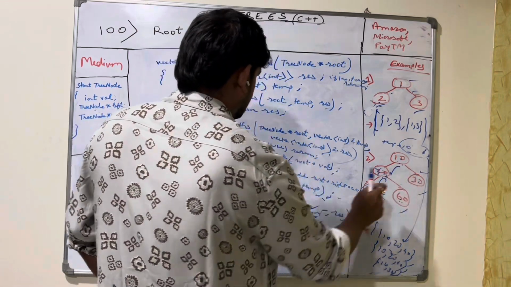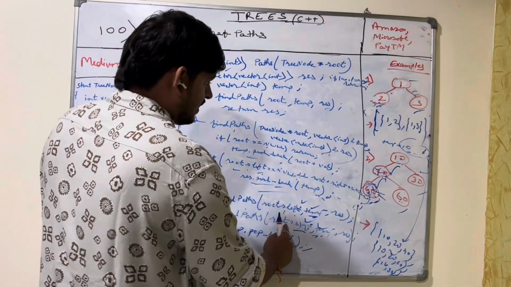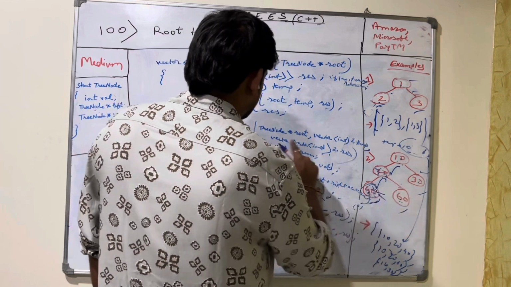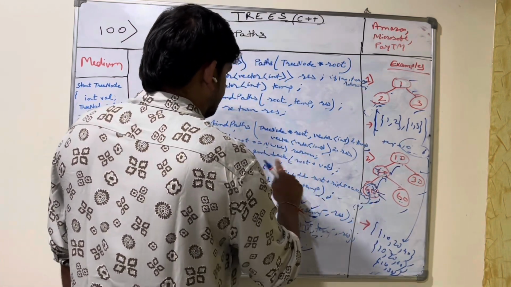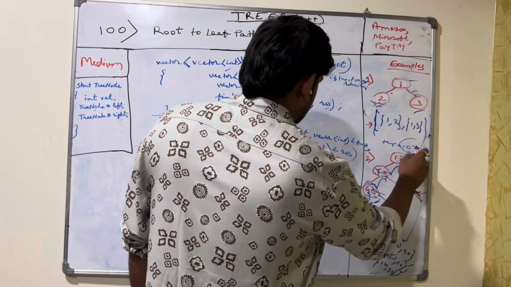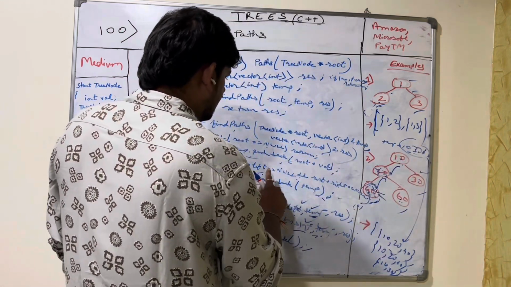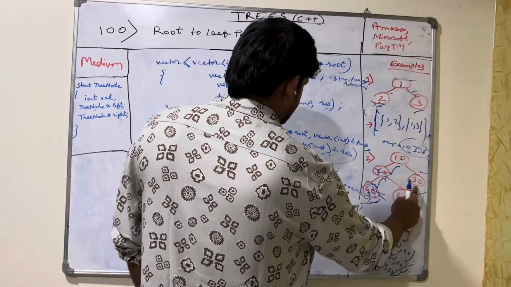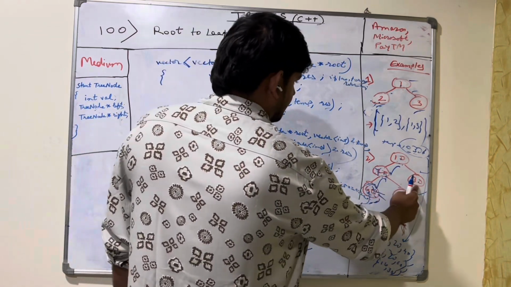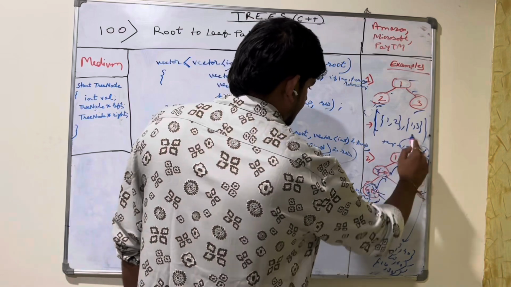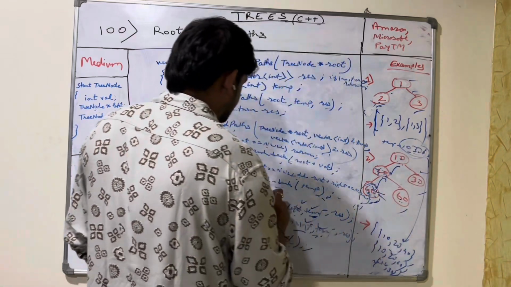This 30 is called. Now for 30, when find paths is called, we see it is not null, and then we'll insert this 30 here, 10, 30, and now we check, okay, is it a leaf node? Yes, it is a leaf node because it doesn't have left and right children. So we'll insert 10, 30 inside the resultant vector.